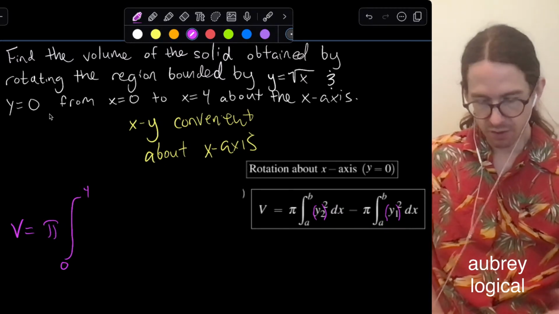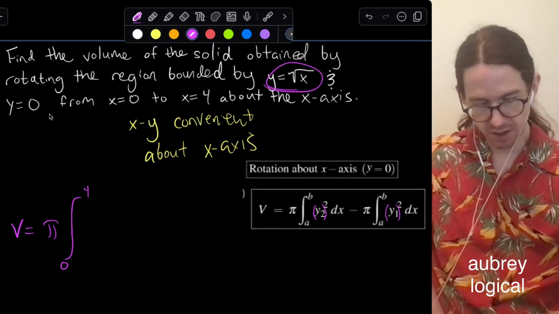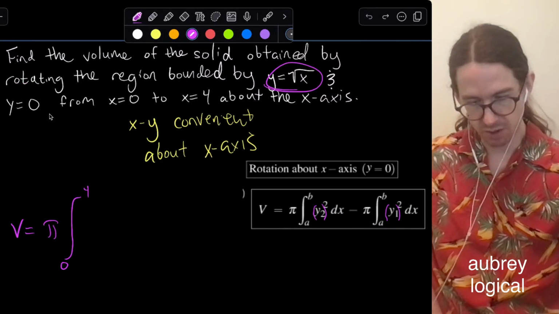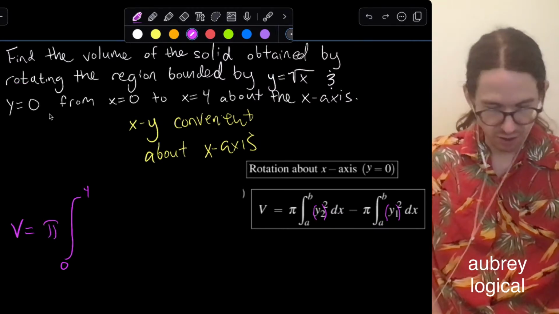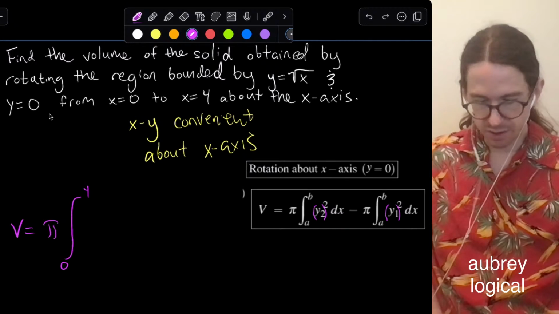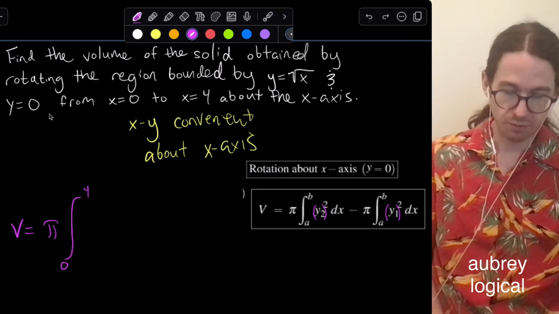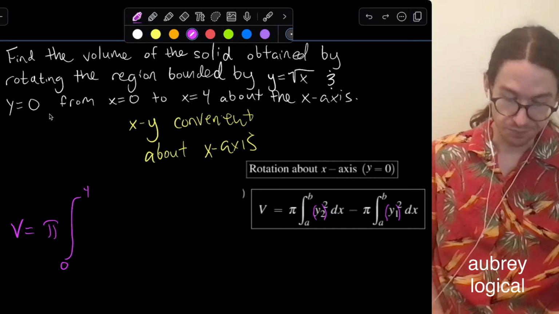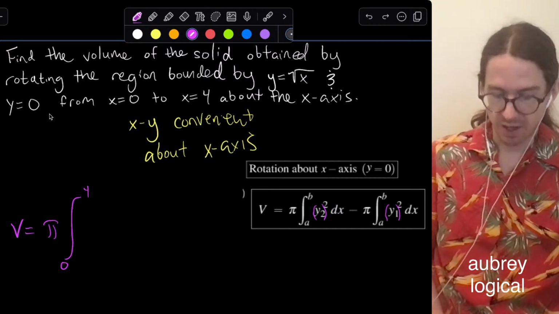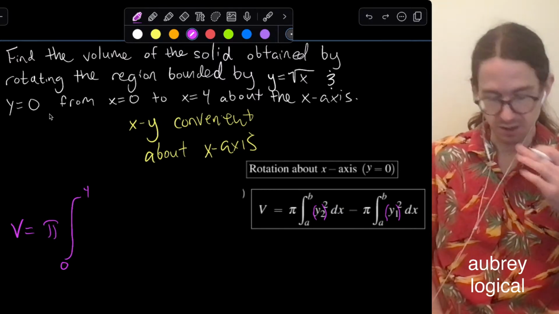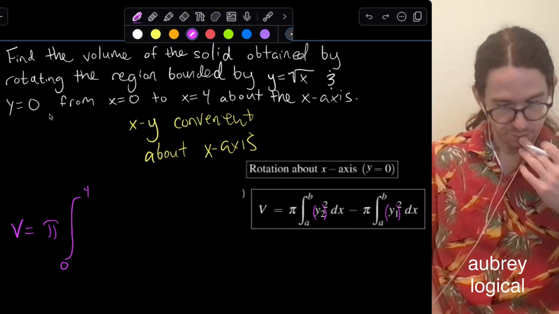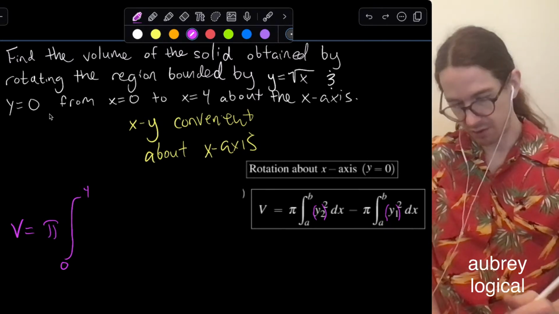So now we have to figure out which of these two equations is going to be higher on our graph. And we can do all of this without ever drawing any graphs at all, thanks to the methodologies taught by my instructor. So let's see here, root x.